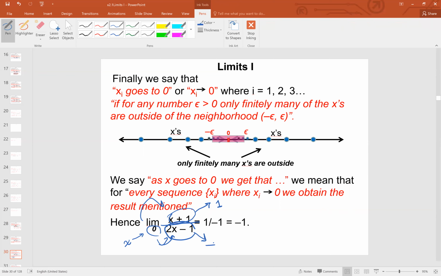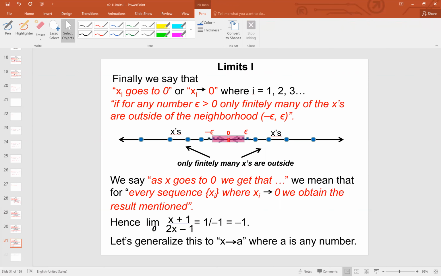So the bottom goes to -1. Therefore, the quotient goes to 1 divided by -1. The answer is -1. If you try this with a calculator, plugging in a bunch of very, very small numbers into this formula, you will find the output becomes closer and closer to -1. And that's the limit.